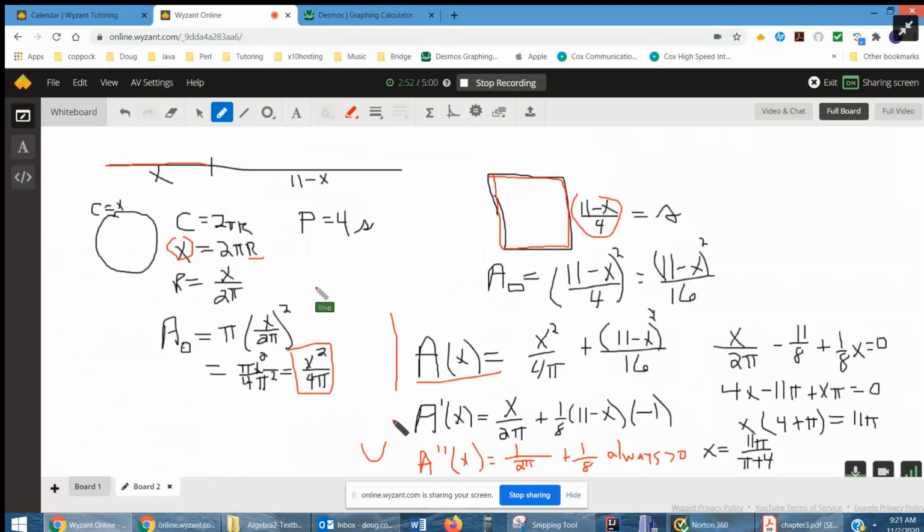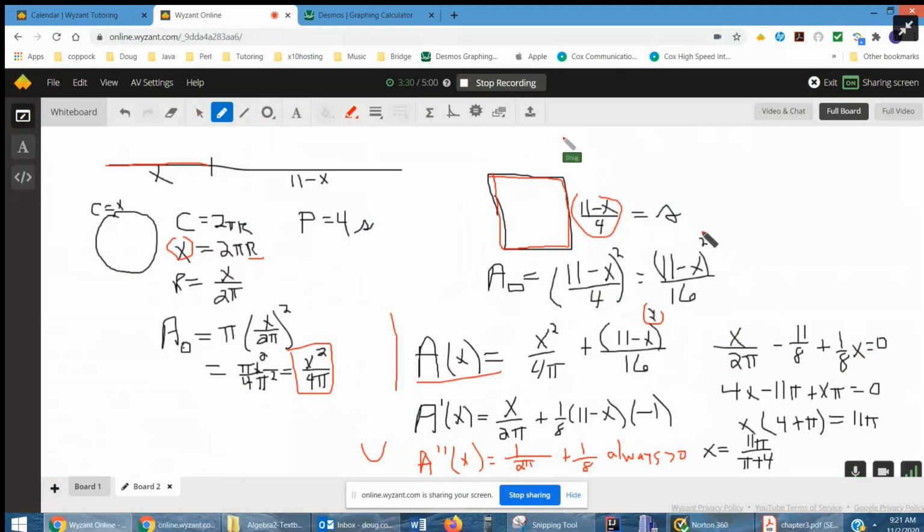So I find the first derivative, so that I can find the critical numbers. Where does it equal 0? I probably want to at least think about the fact that the critical numbers generate a minimum value. If I take the derivative of this first term, bring the 2 down front, 2 over 4 pi is 2 pi in the denominator. I can bring this 2 down front. 2 over 16 is 1/8 times 11 minus X, reduce the exponent by 1, and then multiply by the derivative of the inside, chain rule.